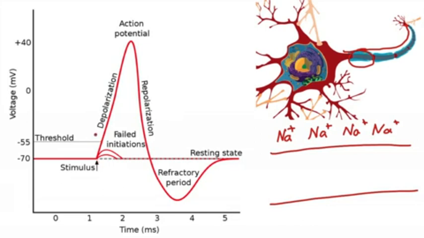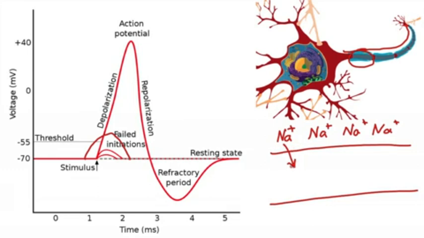If we have a stimulus that's strong enough, let's say a stimulus that big, that's going to reach the threshold and cause an action potential. When that happens, voltage-gated sodium channels are going to open, and that's going to cause sodium to rush into the cell. Of course, that's going to start at the axon hillock.